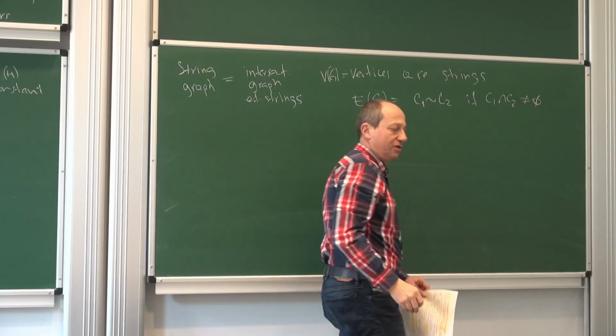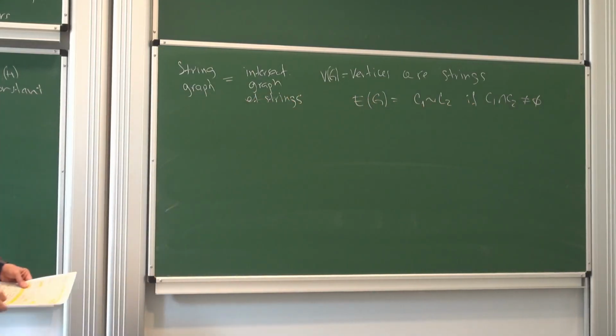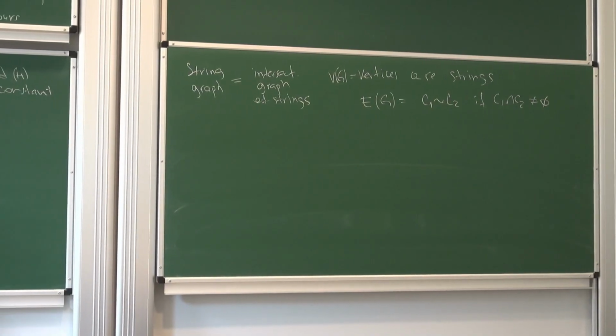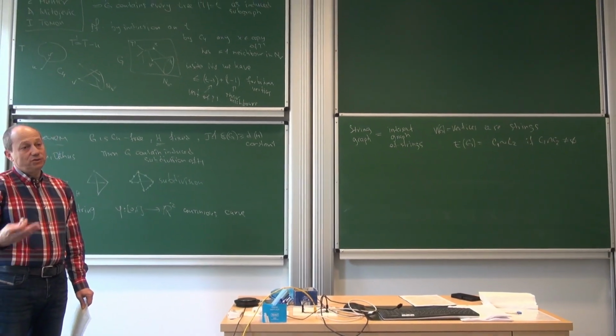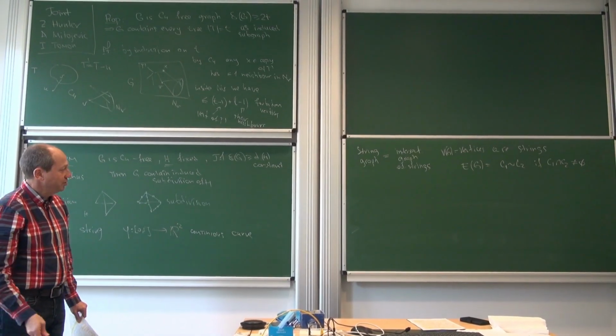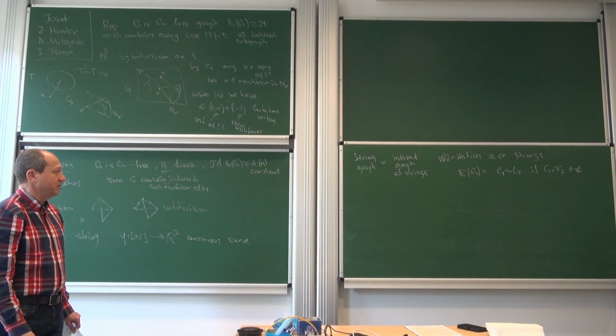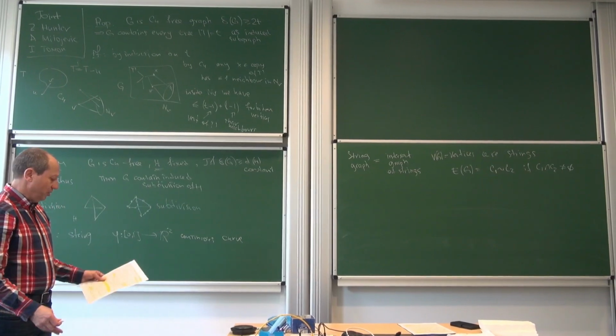Right? Any two strings which share a point. So it's a very natural class of geometric graphs. You have geometric objects. These are the vertices. Any two objects which intersect give you the edges. And so if your vertices are strings, you get a string graph.